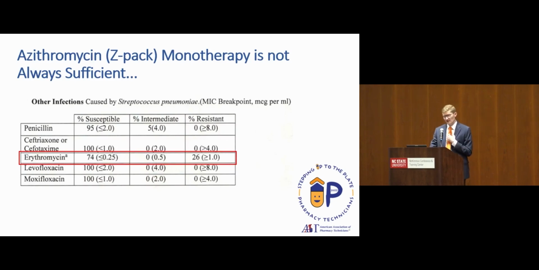So I don't really want an antibiotic that is not going to be effective a quarter of the time. In areas where your resistance to azithromycin is higher, you may want to use a different agent instead of a Z-Pak. That's not to say that in all areas we shouldn't use Z-Paks as monotherapy, but in certain areas our doctors need to be thinking about that.